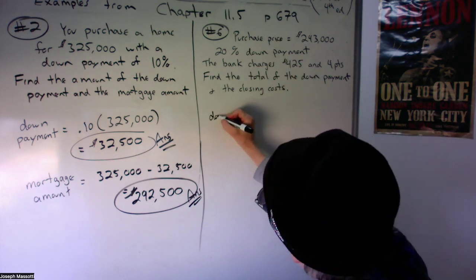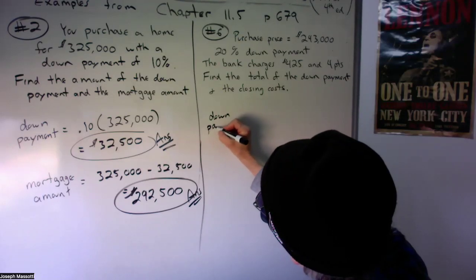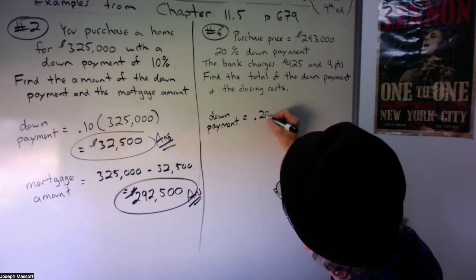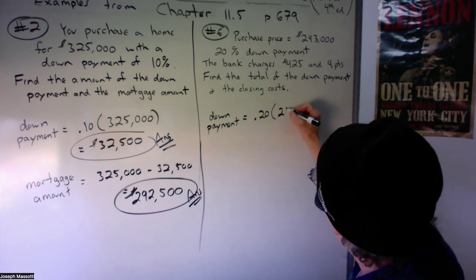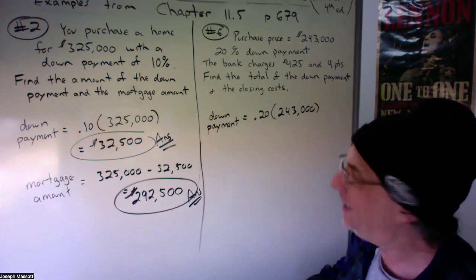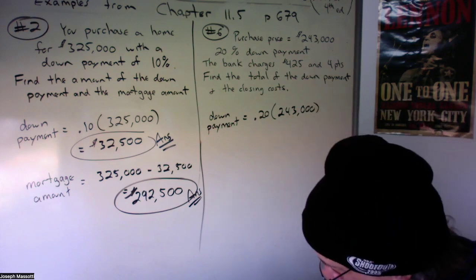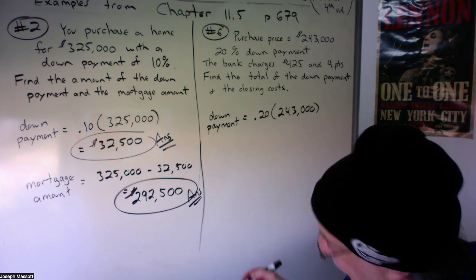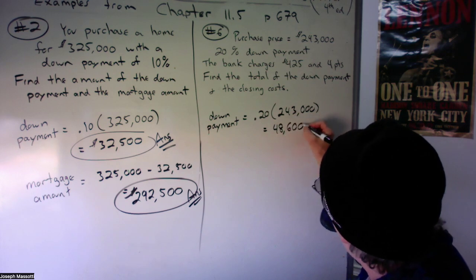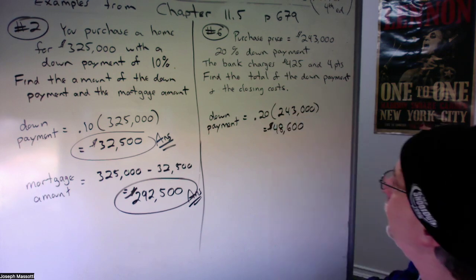So our down payment is going to be 20% of that purchase price, $243,000. So 20% of $243,000 is going to be $48,600.